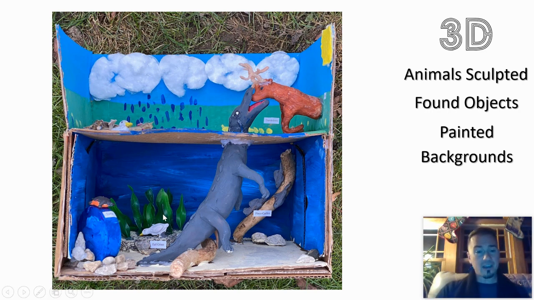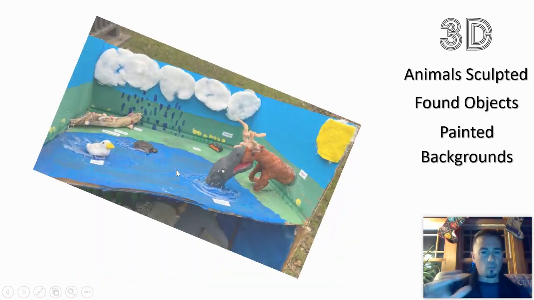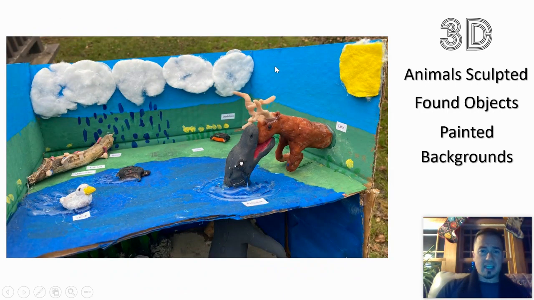There are rocks, found objects. This is that eelgrass in the background. That's just from old aquarium stuff that we had lying around that he cut up and stuck in there. Painted backgrounds. I'm going to go more into the scenery, but you can see where this is supposed to look like two different levels. Here, painted like a sky and ground and flowers and rain.